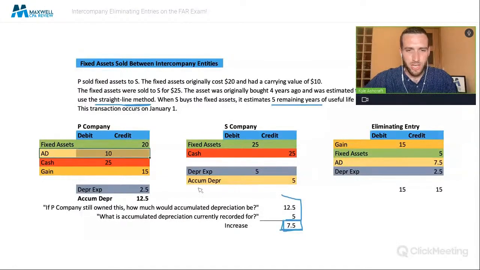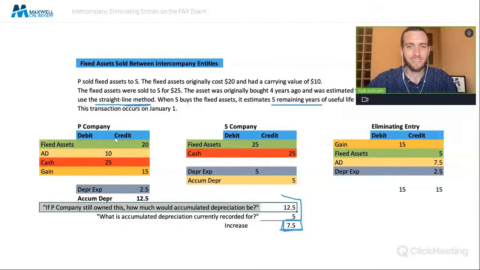The accumulated depreciation, we wrote off 10, so we brought it to 0, and the subsidiary recorded it for 5. So they have it recorded for 5, but what it should be recorded for is $12.50.